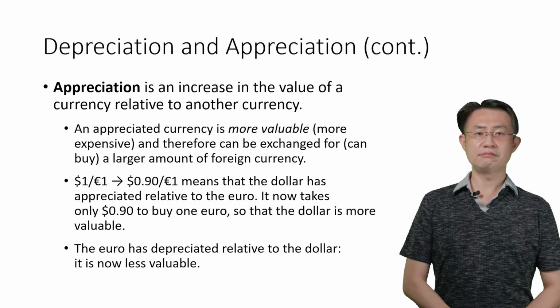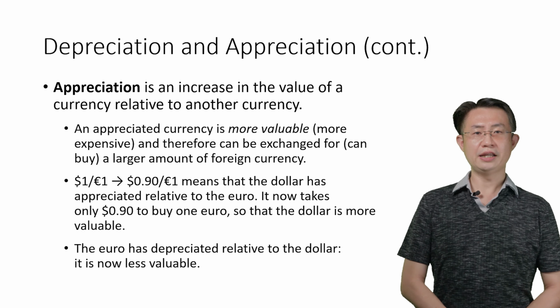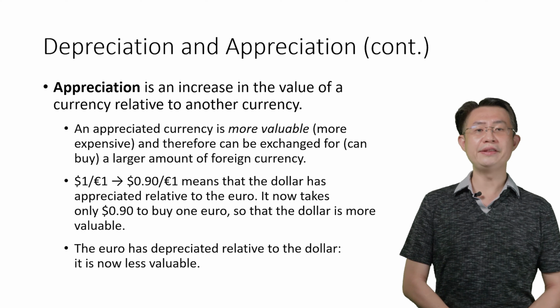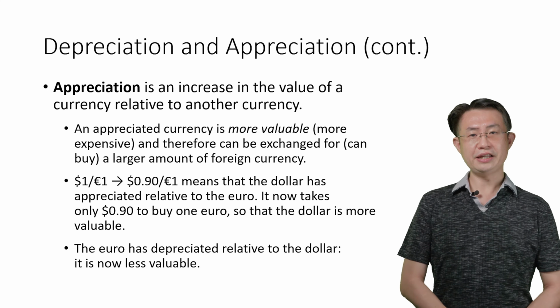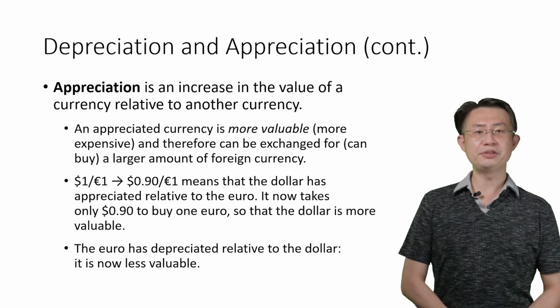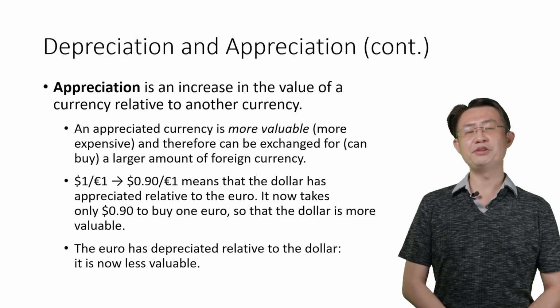But after the exchange rate falls from 1 to 0.9, if you want to buy the same 1 euro, we only have to spend 90 cents. That means the dollar is more valuable. On the other hand, you can say the euro is less valuable.